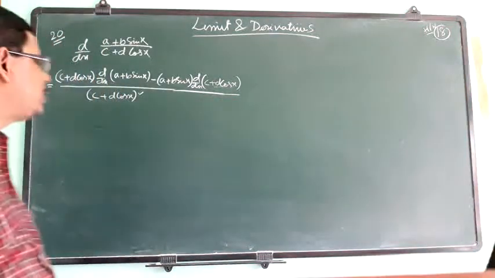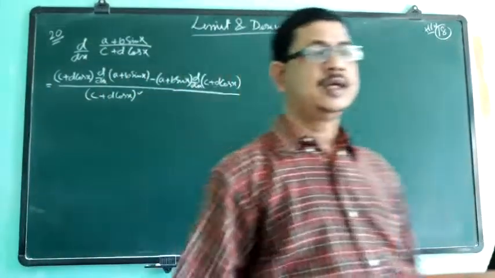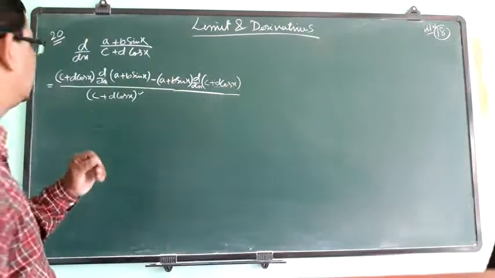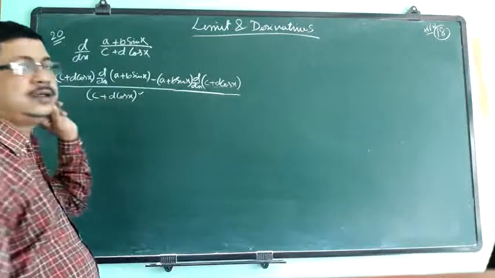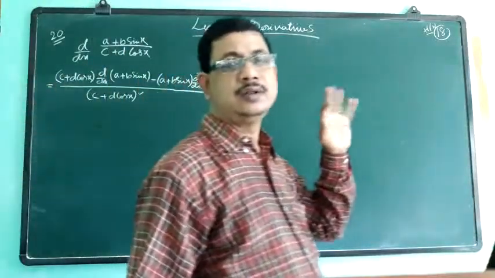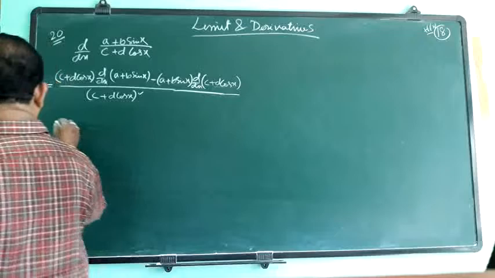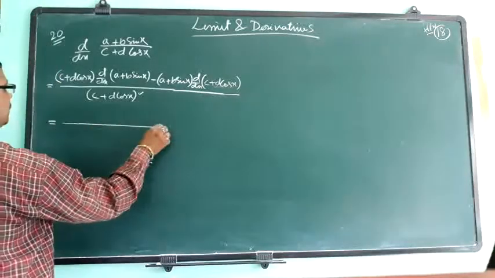So what is the differentiation of the u by v form? Differentiation of v du dx minus u dv dx, divided by v square. That is the rule for differentiation of u by v.